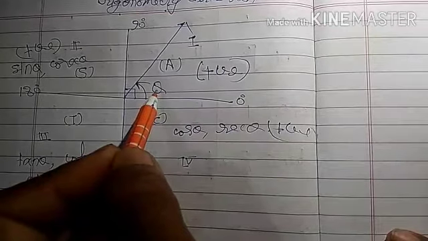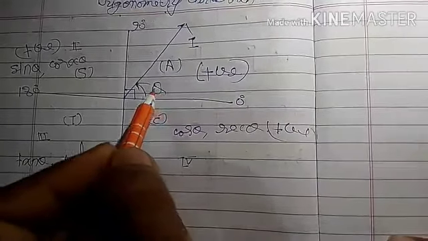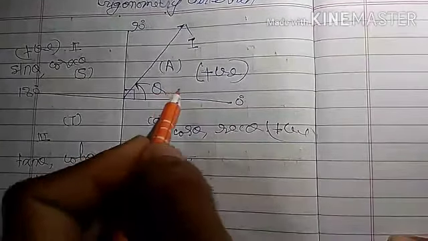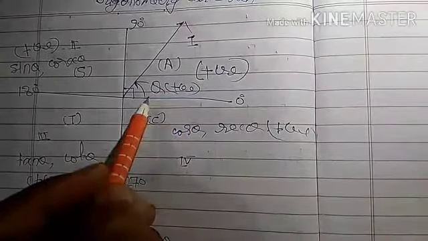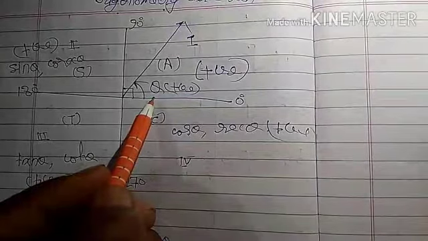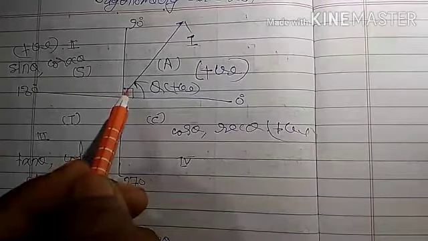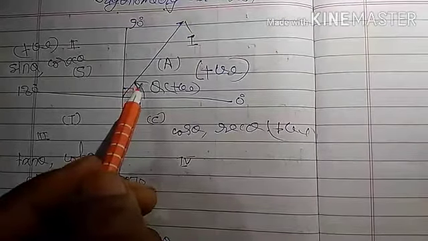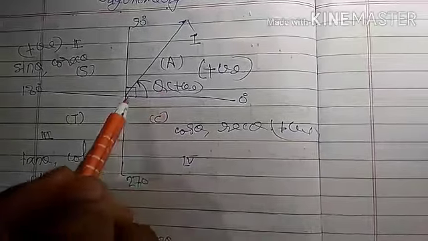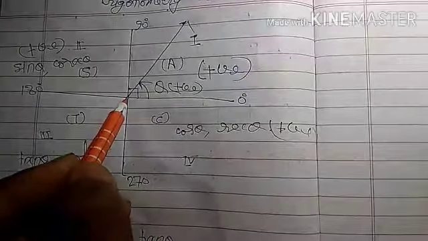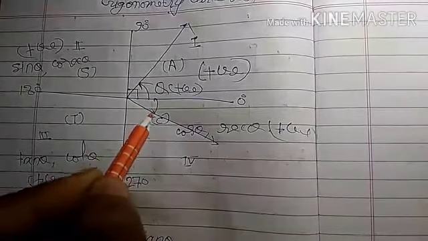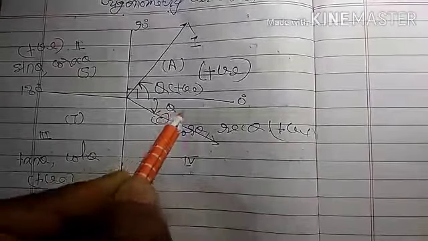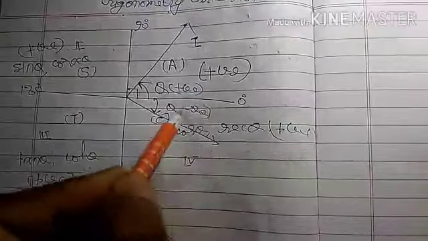Suppose the angle is theta. If we measure the angle anti-clockwise, then theta is positive, and if we measure the angle clockwise, then theta is negative.